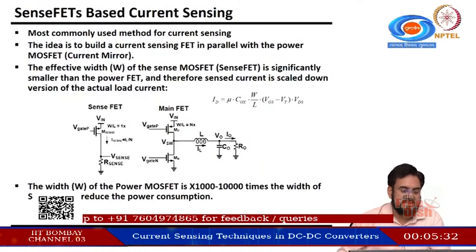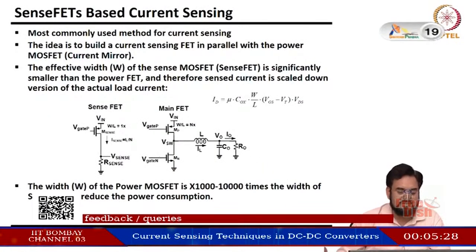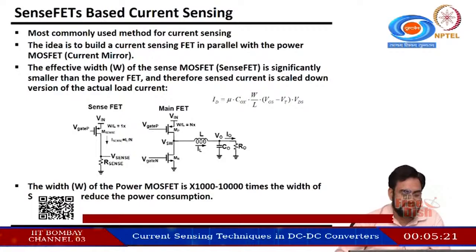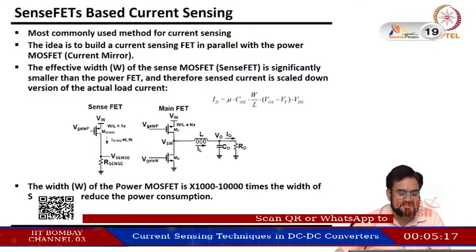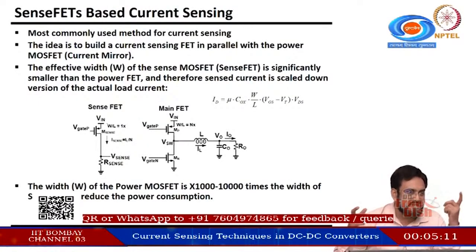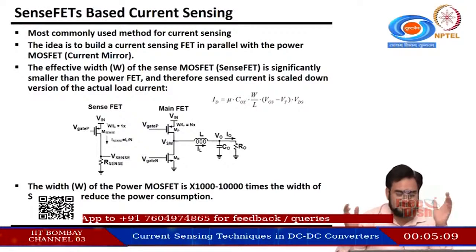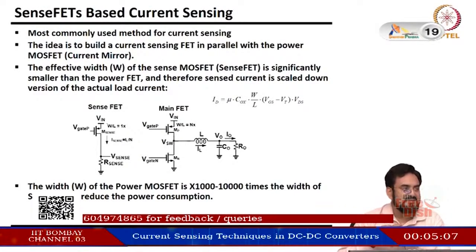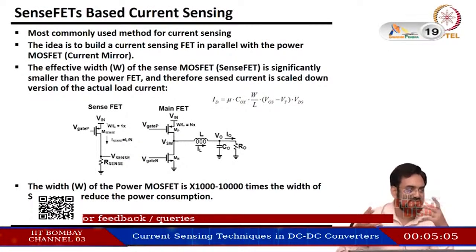So this is sense-FET based current sensing, and this is most commonly used if you require very good efficiency and very high accuracy. What you do actually is a current mirror here, sense-FET, but since this is operating in the linear region, in a current mirror, if you have a VDS mismatch and channel length modulation is not very high, then the current is almost the same.